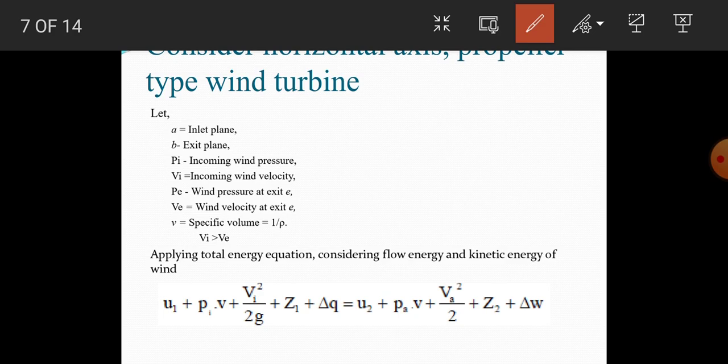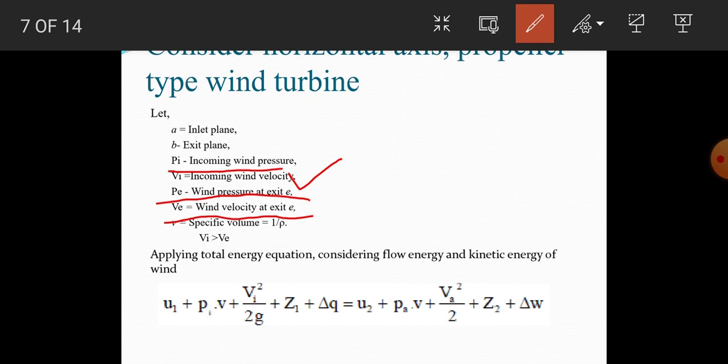Let A be the inlet plane, B be the exit plane, Vi the incoming wind velocity, Pe the wind pressure at exit, Ve the wind velocity at exit, and Pi the incoming wind pressure.